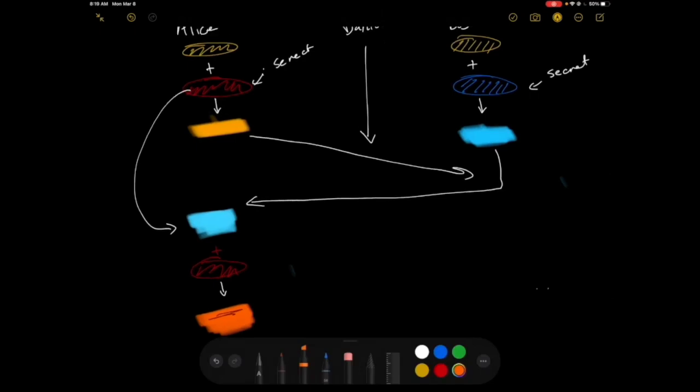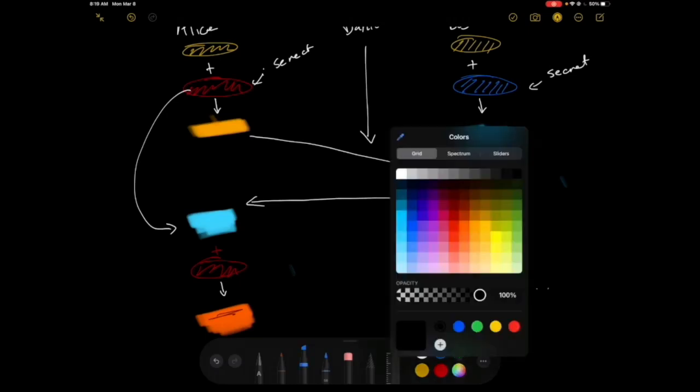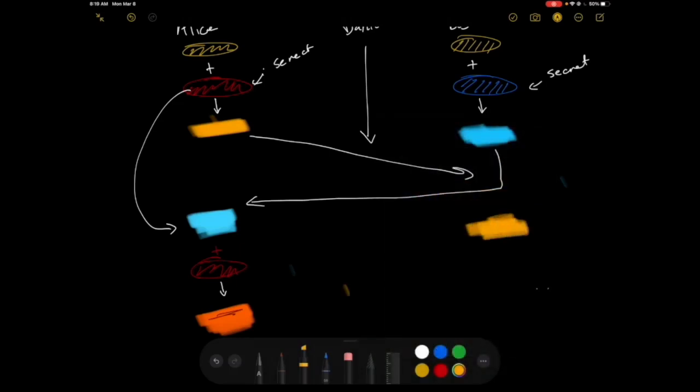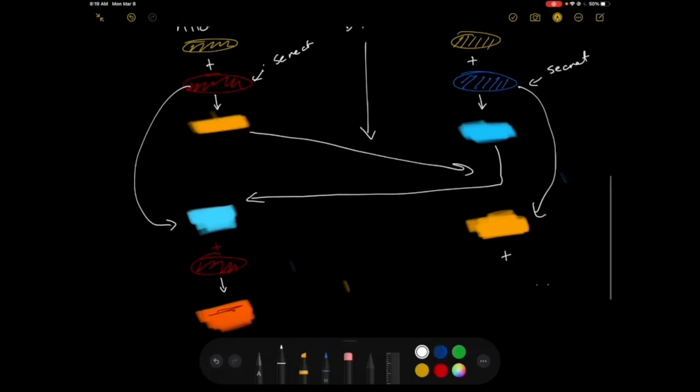He'll take Alice's color of yellow, and he'll combine it with his blue secret color, and he's going to get the same brown color out.